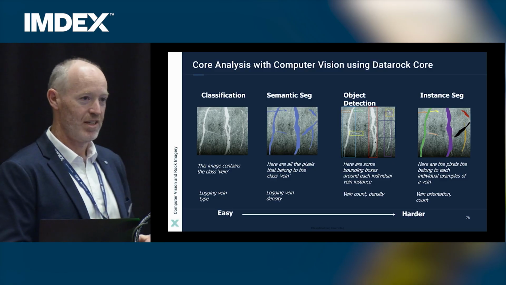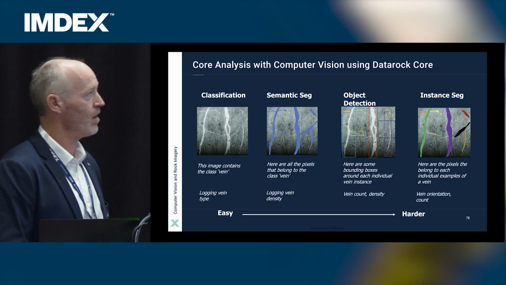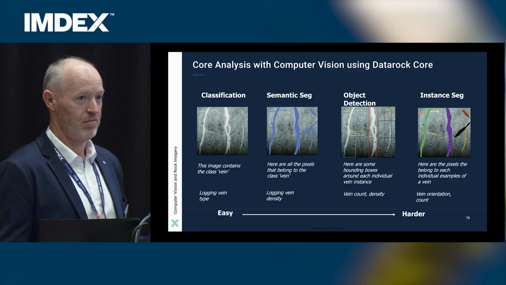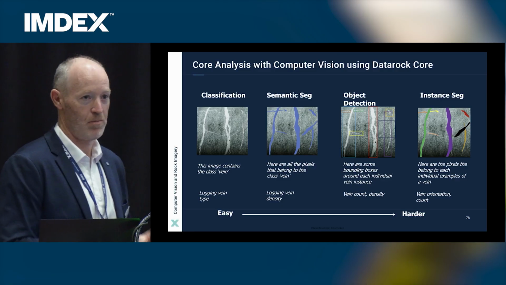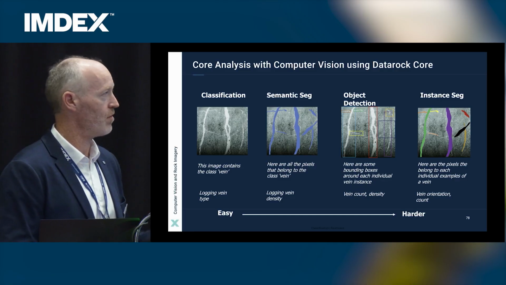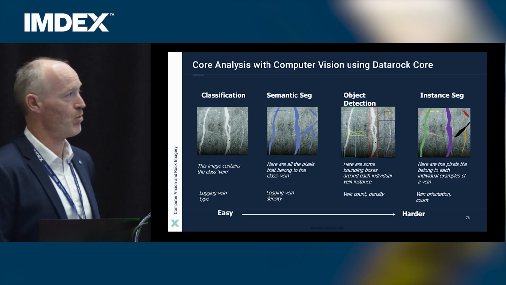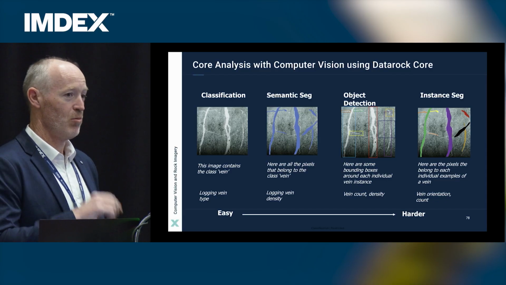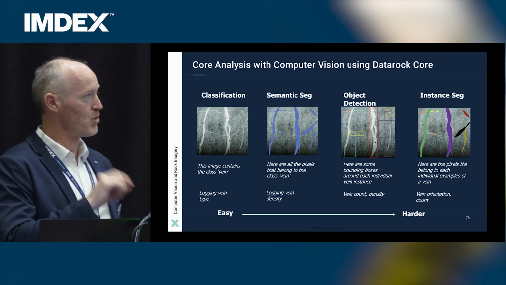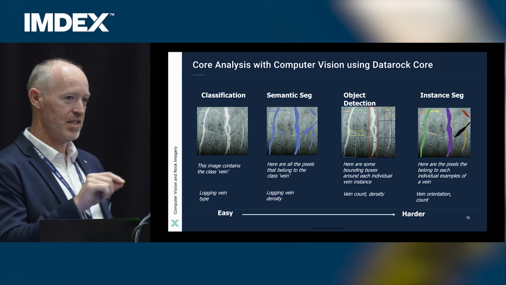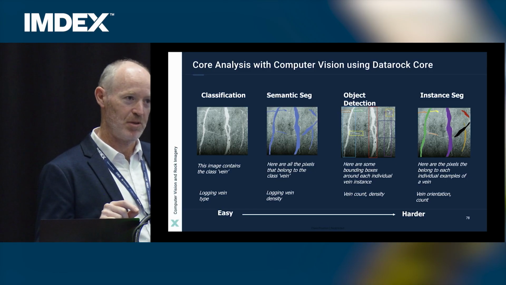Show me every pixel that is within a feature. Detection, show me every instance, put a bounding box around every instance of a vein in my deposit. And then instance segmentation, where we can actually start to say, tell me how many pixels are in this vein, and then is this vein the same as that vein? And tell me how many pixels are in that vein.